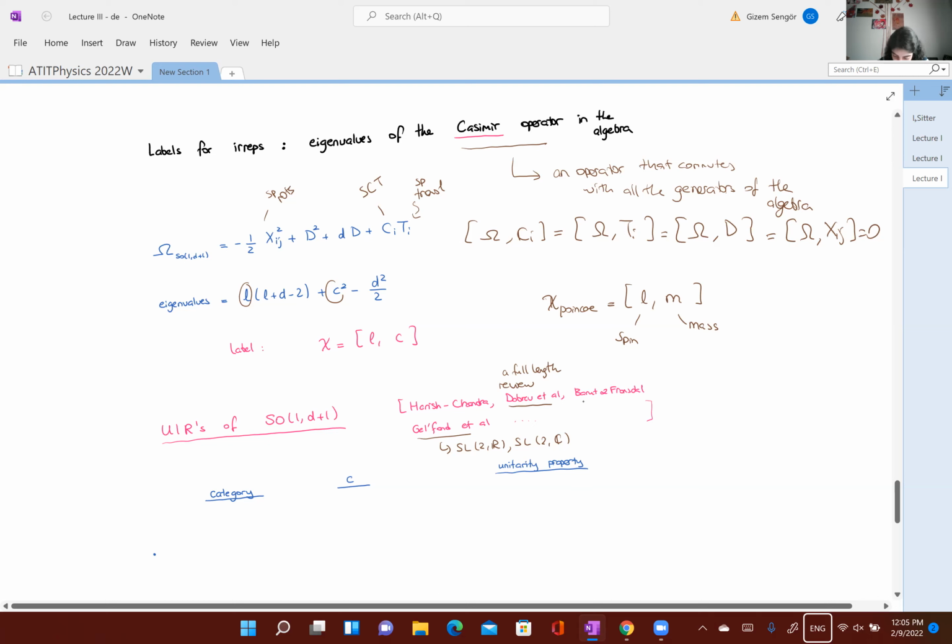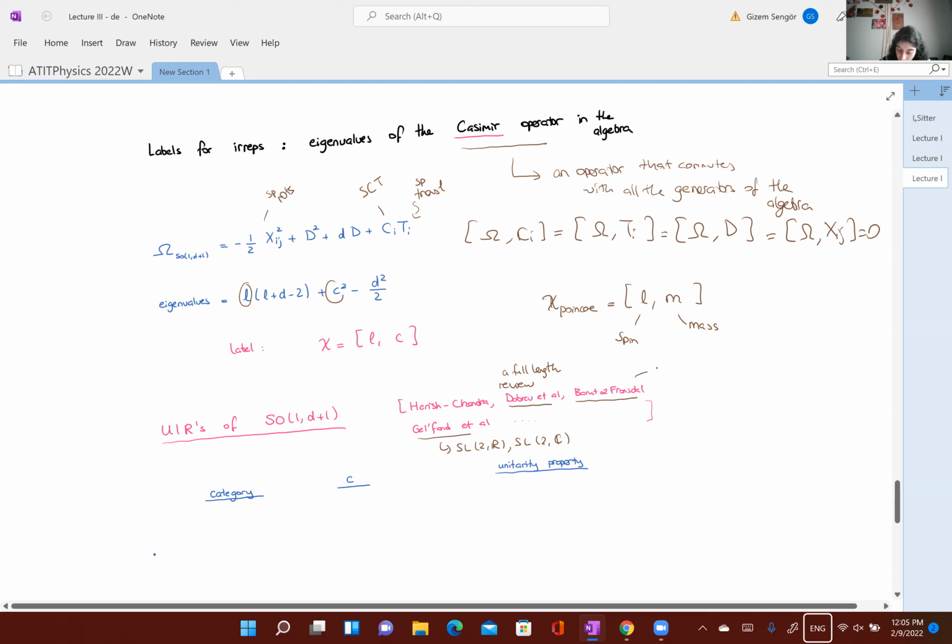And then there is one reference that I would like to point out, by Barut and Fronsdal. This Barut is Asım Barut. Okay, now I don't remember the name of the paper, but it will be in the references list.